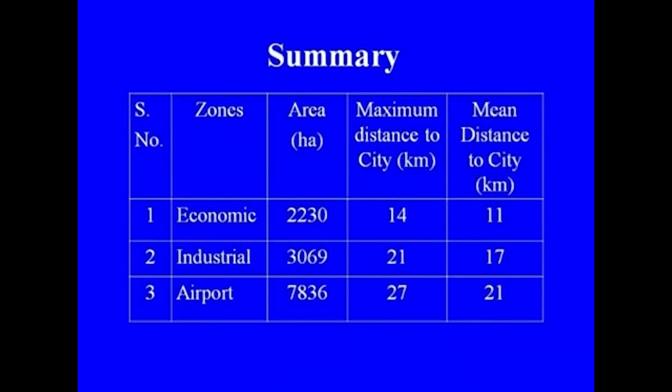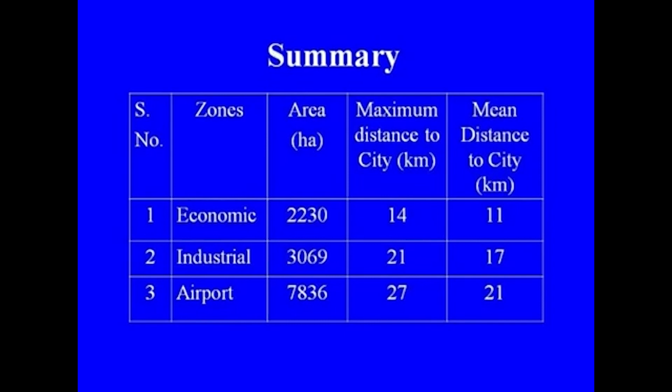So, now we look at the summary of the three zones which have been identified. The economic zone has an area of 2,230 hectares. The maximum distance from the city is about 14 kilometers, and the mean distance is about 11.